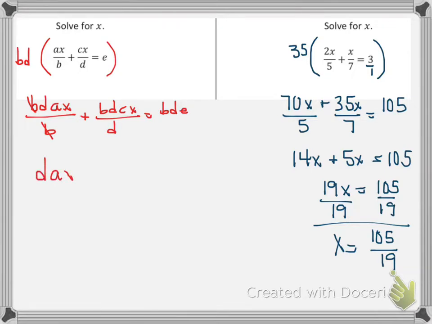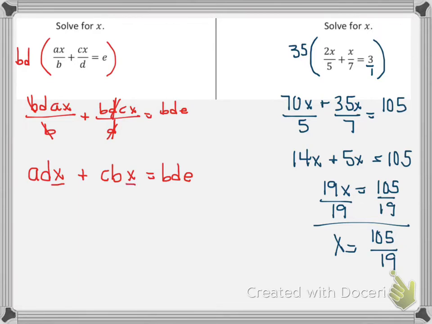I'm going to rearrange that order-wise so it's alphabetical. ADX, that's better. Plus, here I see the D's will cancel out, so that's CBX. And that's still equal to BDE. All right, and then I see a common factor here in both of my terms.